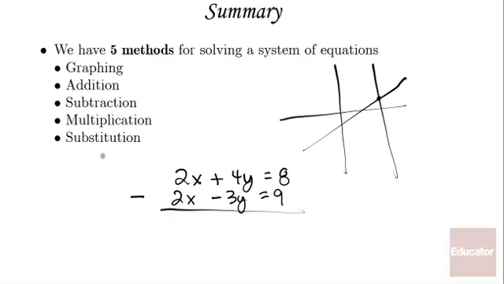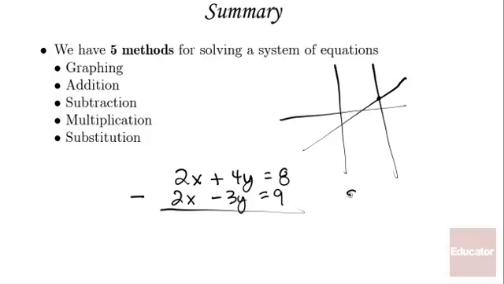We also learned the method of substitution. When you can express one variable in terms of the other easily, then substitution is a good method. The ideal situation for this is when you have a variable with a coefficient of 1. When you have a variable with a coefficient of 1, it's a great setup to use substitution. You can then substitute that expression into the other equation and solve.